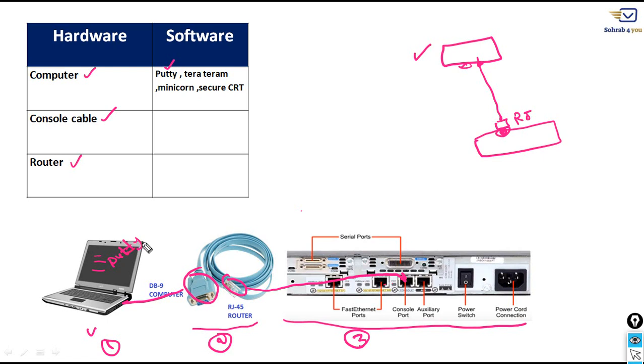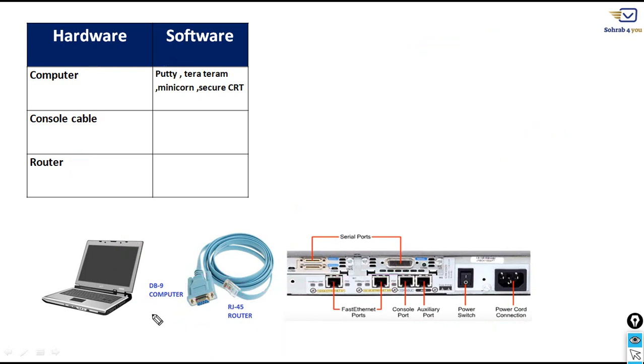Then via PuTTY, you can access your router. So simple guys. To connect a computer to the router via console cable, what hardware do we need? One computer, one console cable, one router. And software, we need one of these.